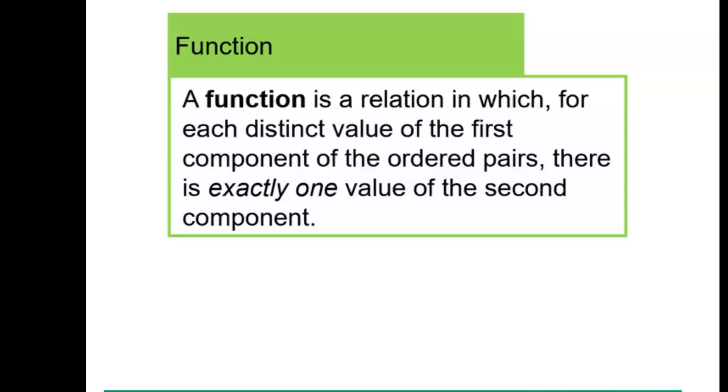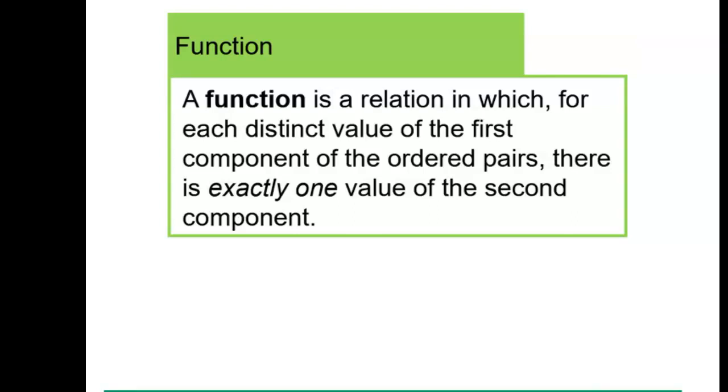So therefore, with functions, you have no repeating x values. So, a relation would be any set of ordered pairs with no restrictions, whereas a function does have a restriction on the ordered pairs. You can't have any of the x values repeating.